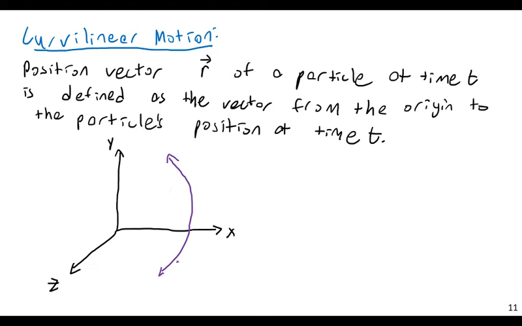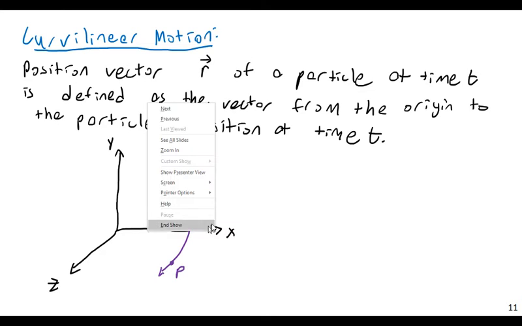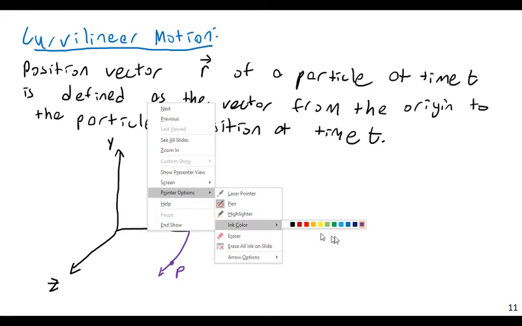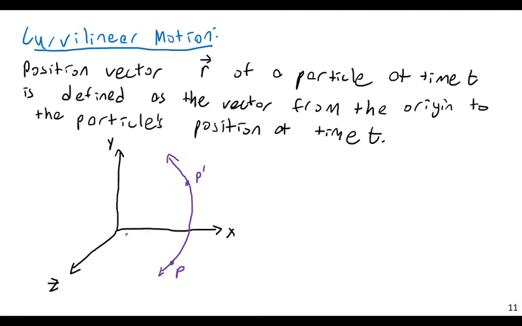And maybe we go from 2 points. At some point, we have maybe a P, and at another point, we have P prime. And then you have vectors R and R prime. So maybe P is the initial value and P prime is the final value.